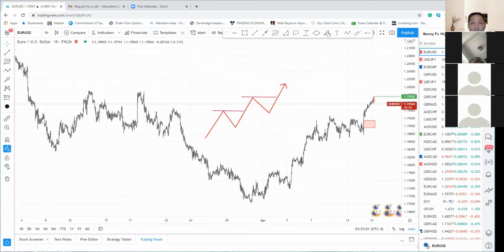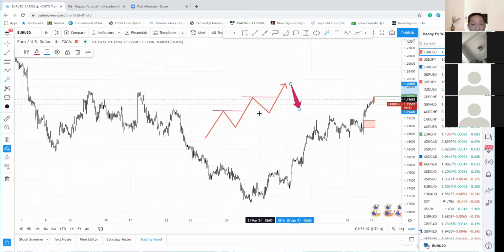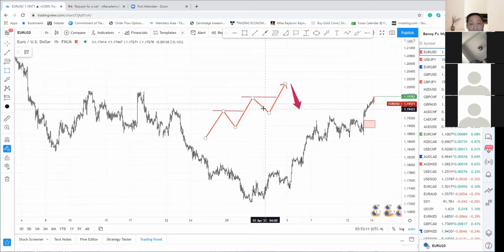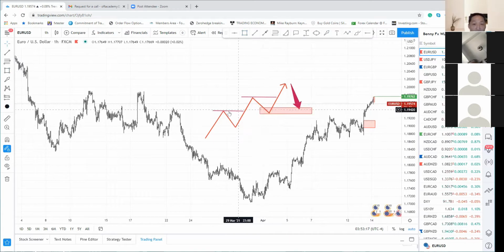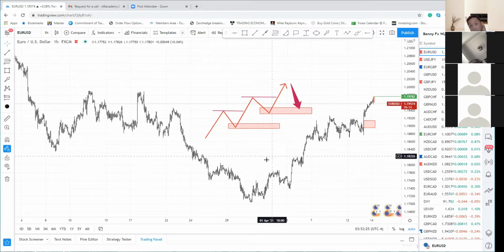We are going to wait for price to pull back to the origin of that break of structure, which the origin is this one. The origin for this break is, of course, this one. Now, the origin for this break is this one. So the price will usually come back to the origin, right? So don't chase after the market.